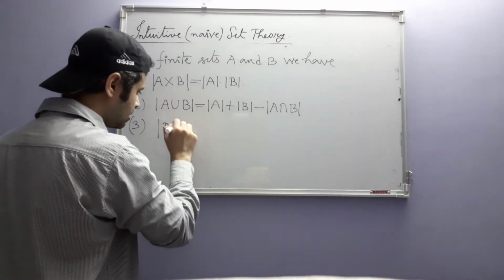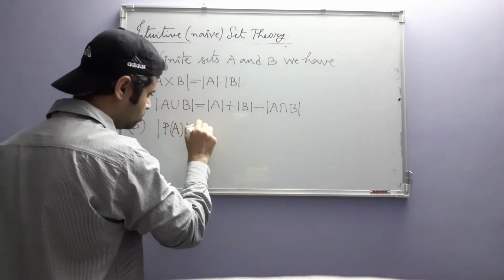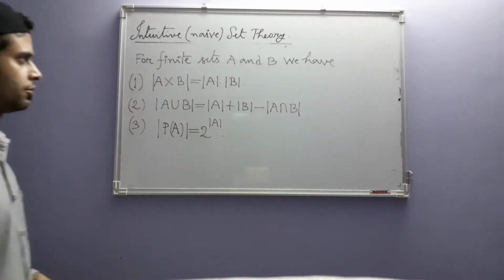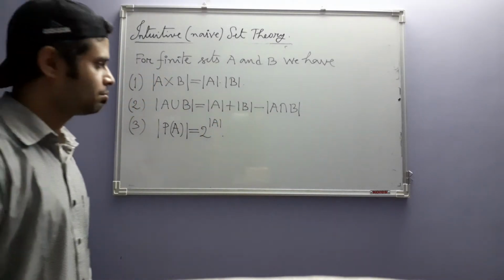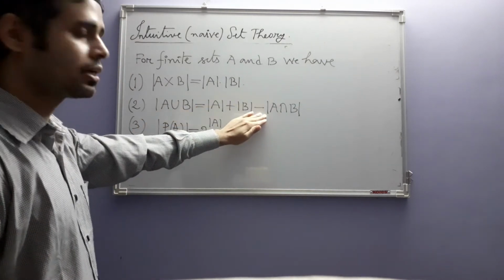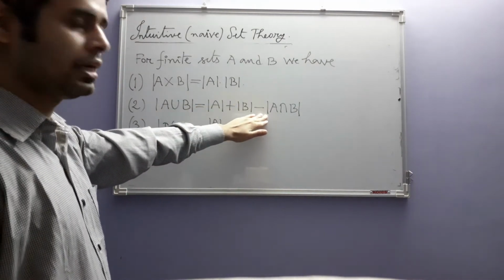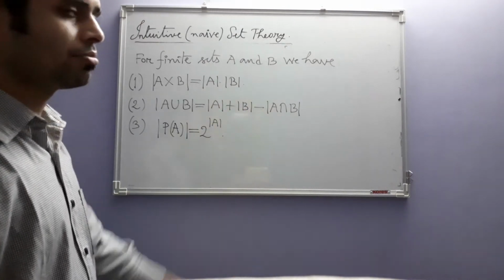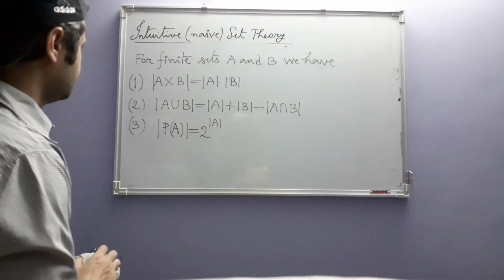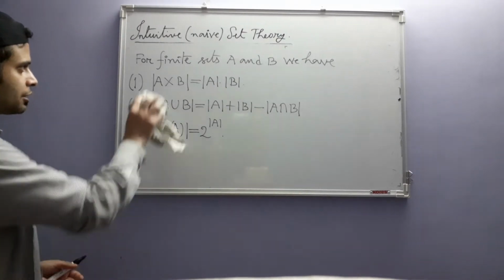Cardinality of power set of A is 2 to the power cardinality of A. Okay, these three things we have to prove, and they are very helpful, especially this one, the second one. It is used again and again in many problems involving set theory. So let us prove the first one first.